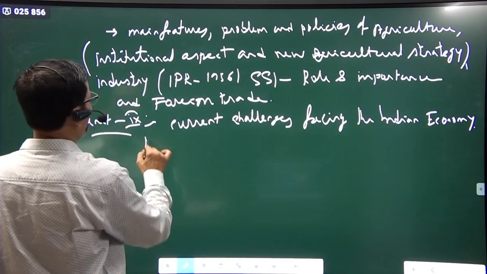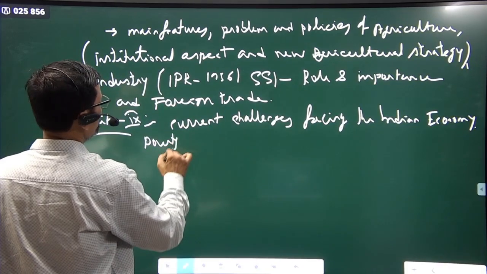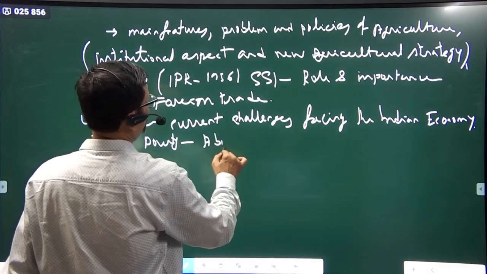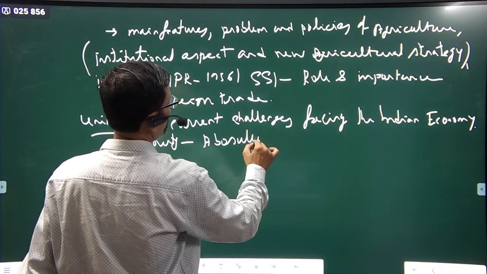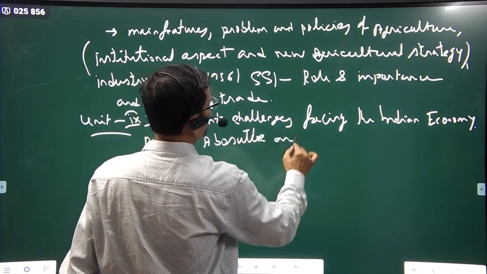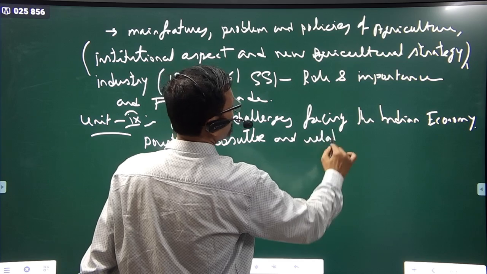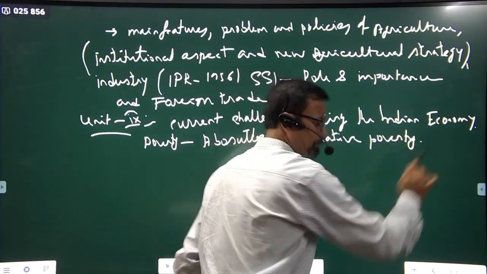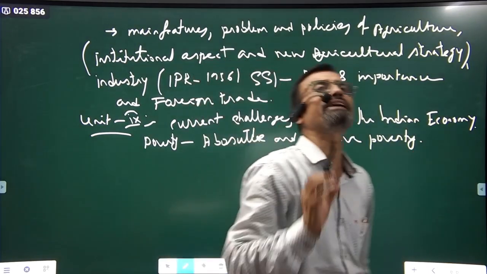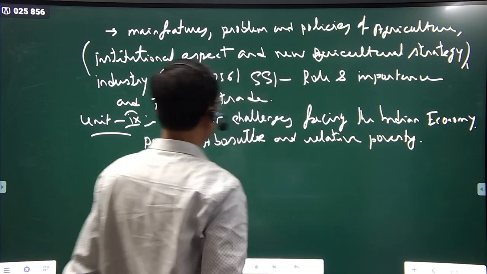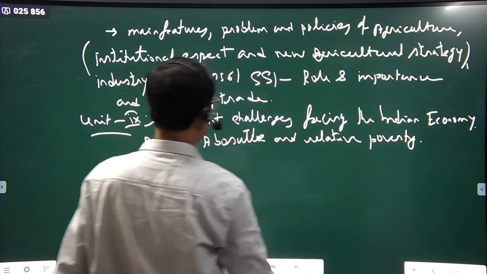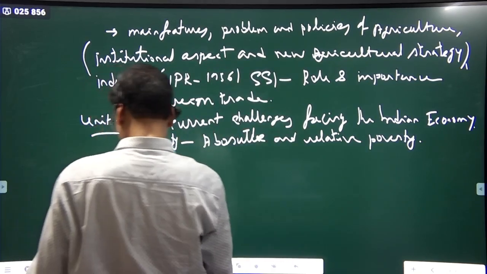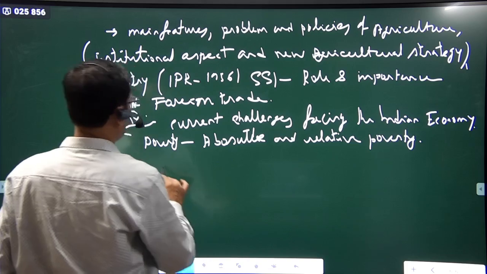Such as poverty, absolute and relative poverty. Relative poverty basically shows the inequality in income in our society. So we have to understand very properly what is absolute poverty, what is relative poverty, main programs of poverty.